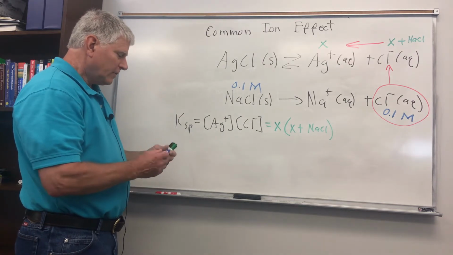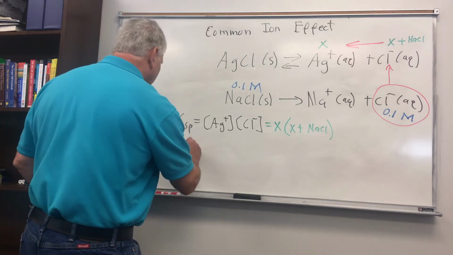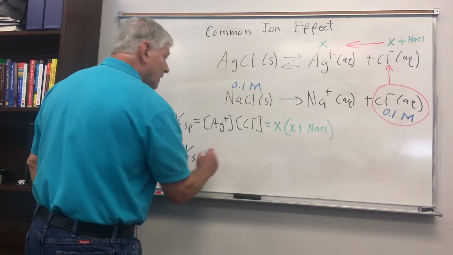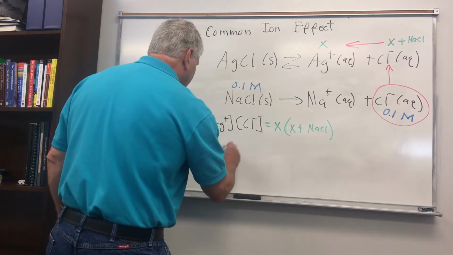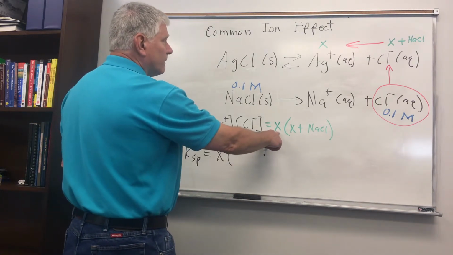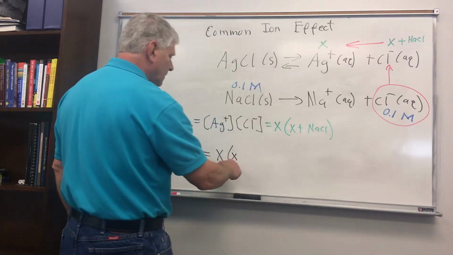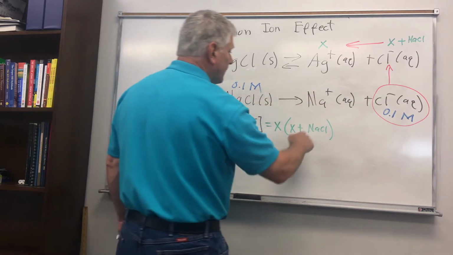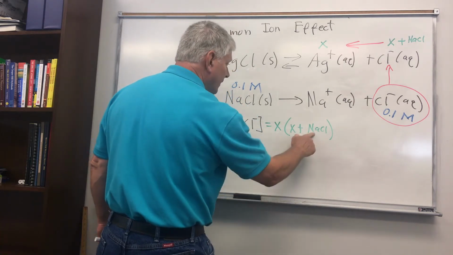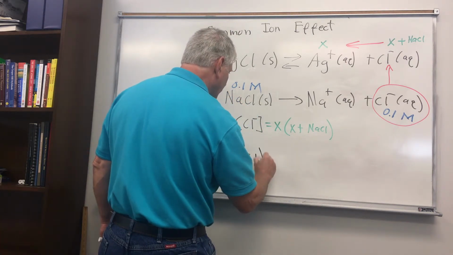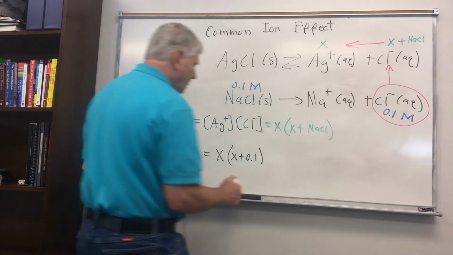So to do the equilibrium, we would write X amount from the silver chloride times X amount for the chloride ion plus the amount from sodium chloride, which is 0.1 molar.